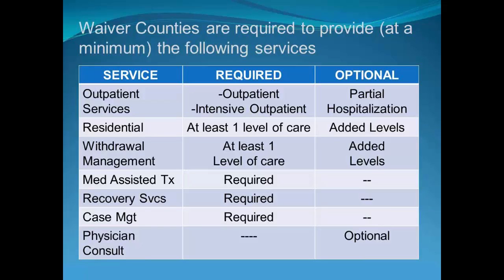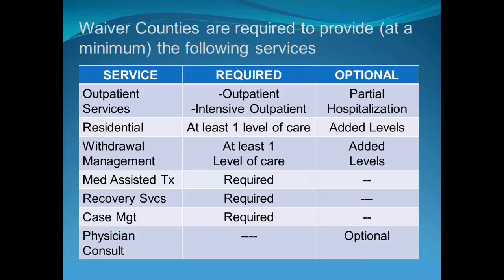When you go look in the waiver, there are a number of levels of care. If you have added levels of care, that's fine, but you must provide at least one level of care as described, again aligning with ASAM definitions of intensities of levels of care. Withdrawal management, again, at least one level of care.